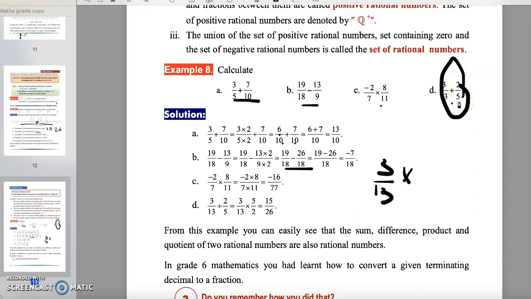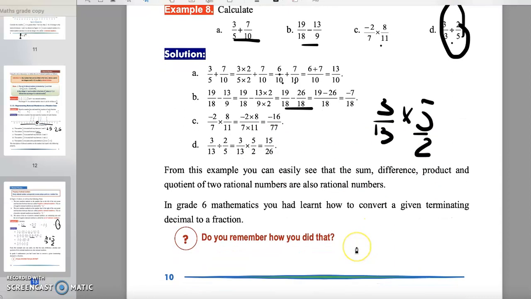It is 5 over 2, right? So times 5 over 2. As we multiply, 3 times 5 is 15, 13 times 2 is 26. So this is how we divide numbers.